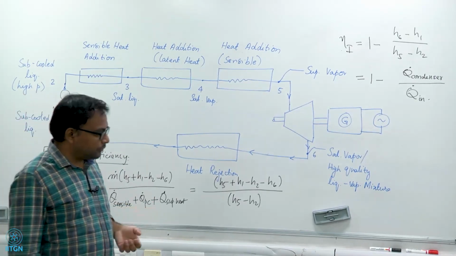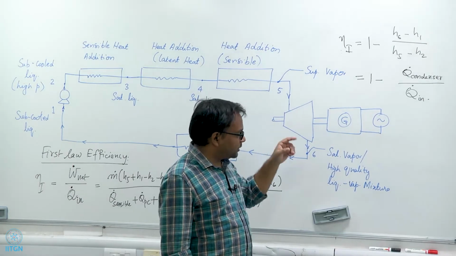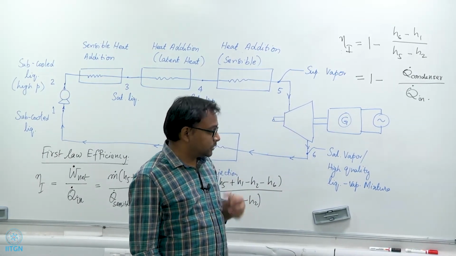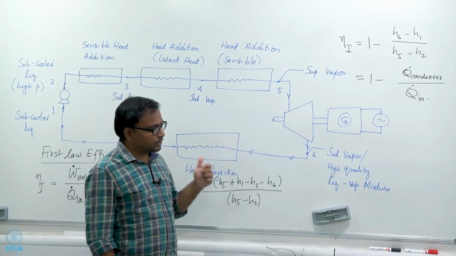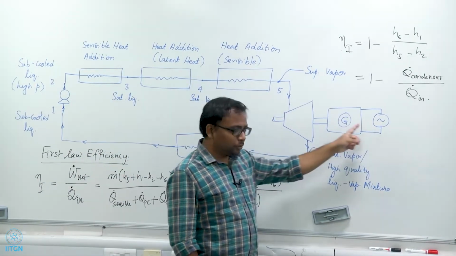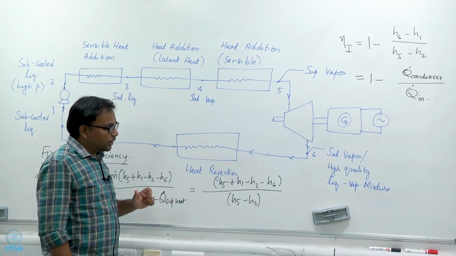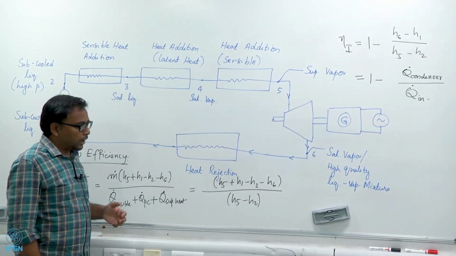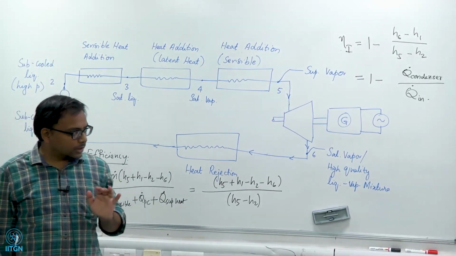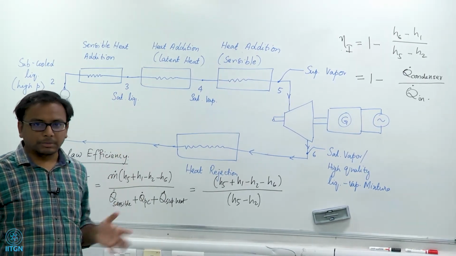So, there are certain modifications that you can do to the Rankine cycle which can improve the efficiency, and even if it does not improve the efficiency, you can still get more work output per unit mass of the working fluid. So, either way you can squeeze out more work of the working fluid. We are not going to discuss those things in this course, because frankly speaking we do not have too much time left.